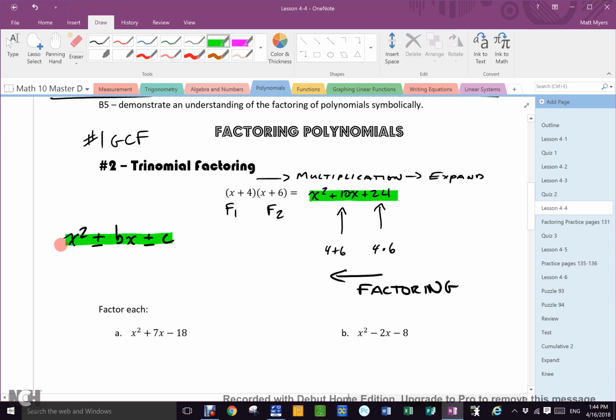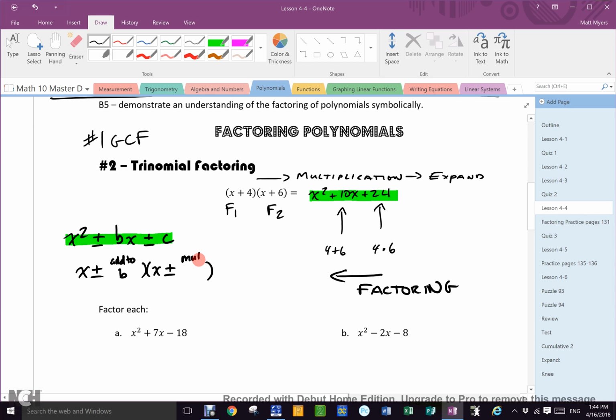X with no coefficient, plus or minus a coefficient with x, plus or minus a constant. Everyone with that? If we want to factor this, it's always x plus or minus and x plus or minus, and these two numbers have to add to b and multiply to c.